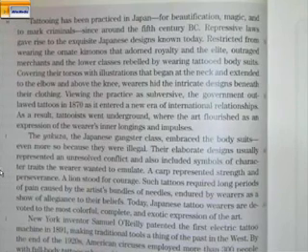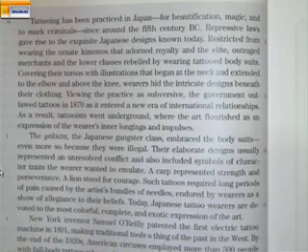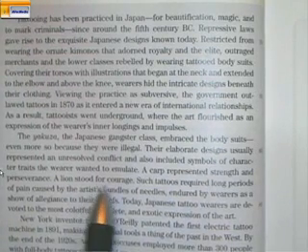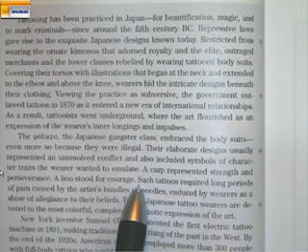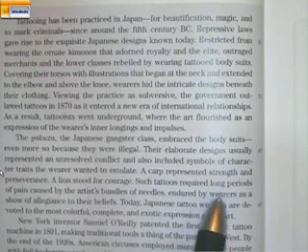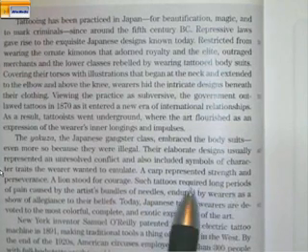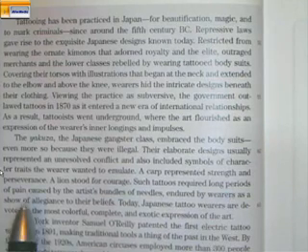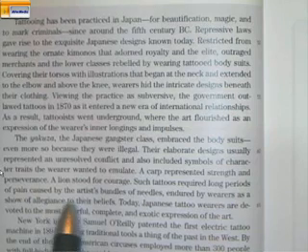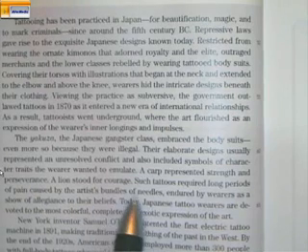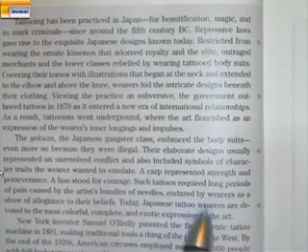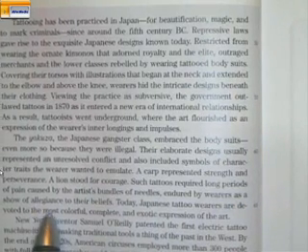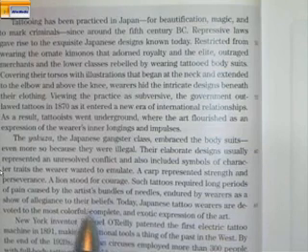A lion stood for courage. Such tattoos required long periods of pain caused by the artist's bundles of needles, endured by wearers as a show of allegiance to their beliefs.